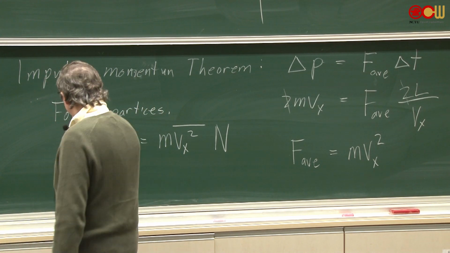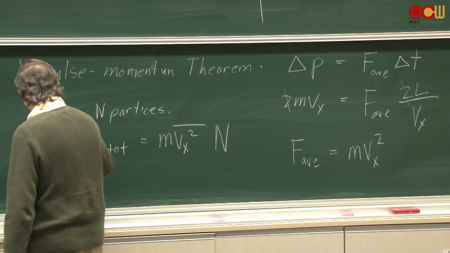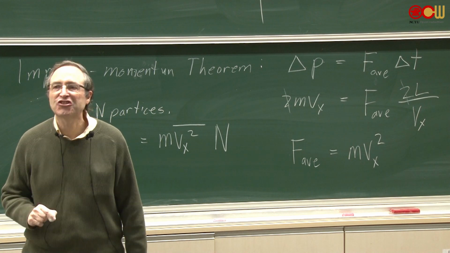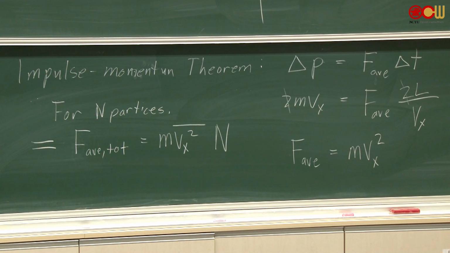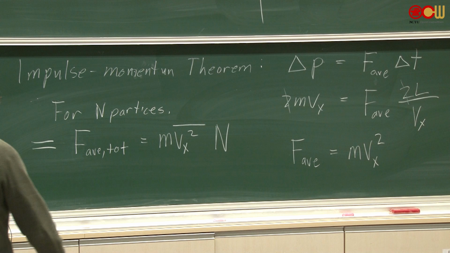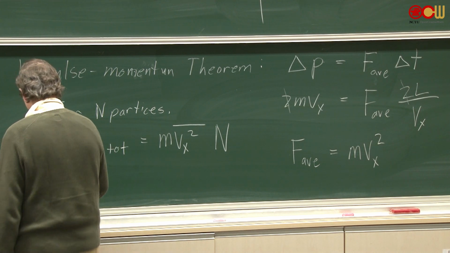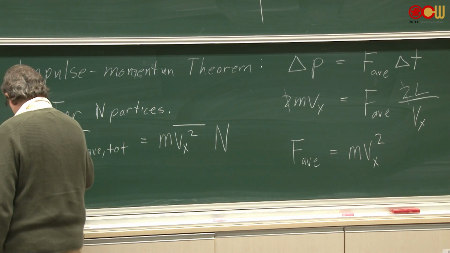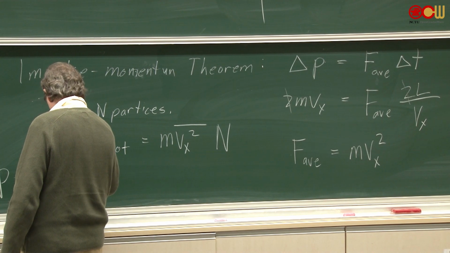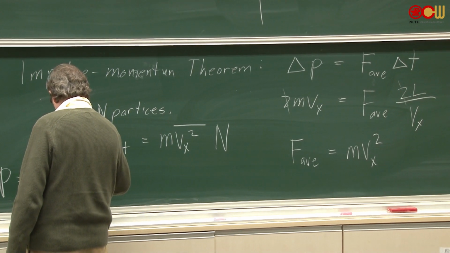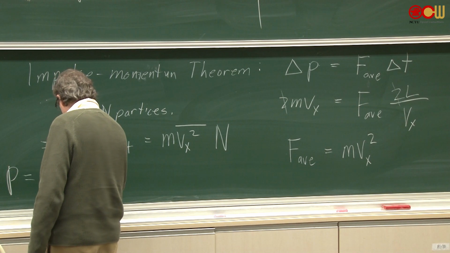And then how is the force related to the pressure? How do you get the pressure from the force? Pressure is force per unit area, force over area. So pressure is F total over the area.